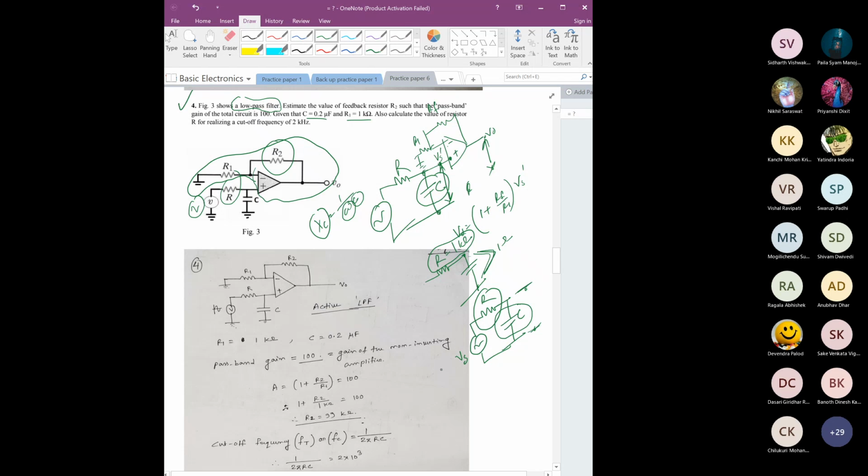Now as you increase omega, the capacitor impedance keeps on falling, so the output will keep on falling. That's why you will get this shape, with frequency on a log scale, and this is the gain or the output. You remember?